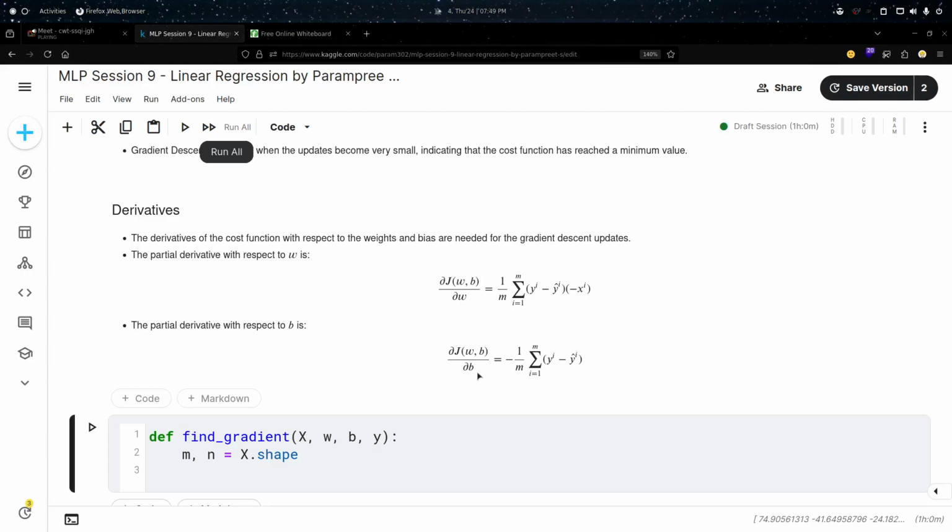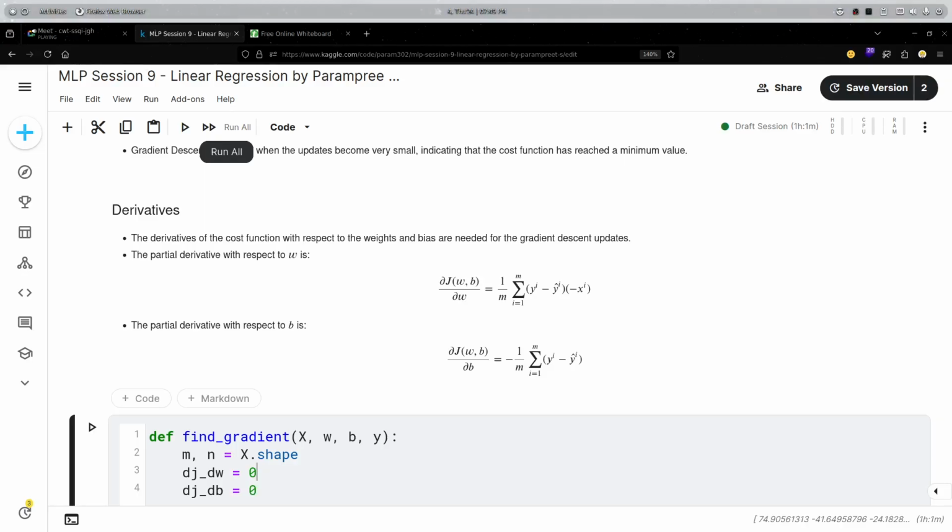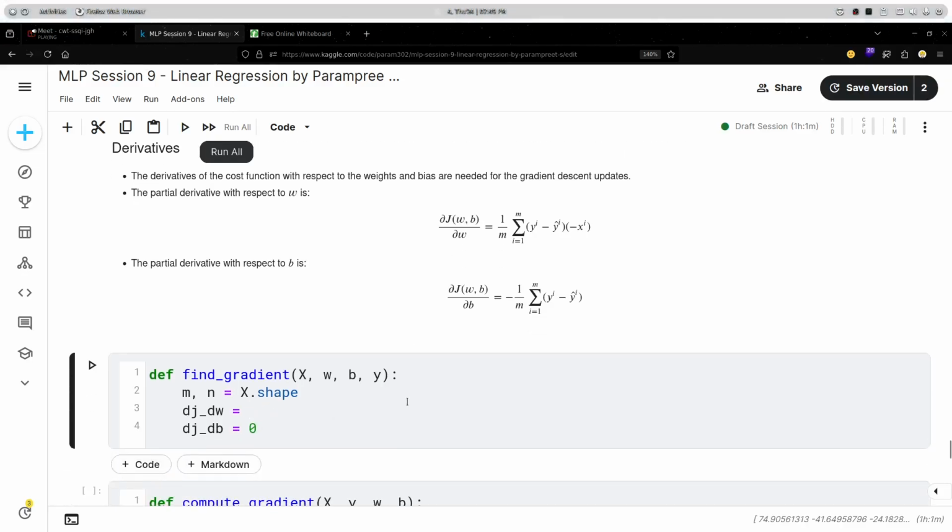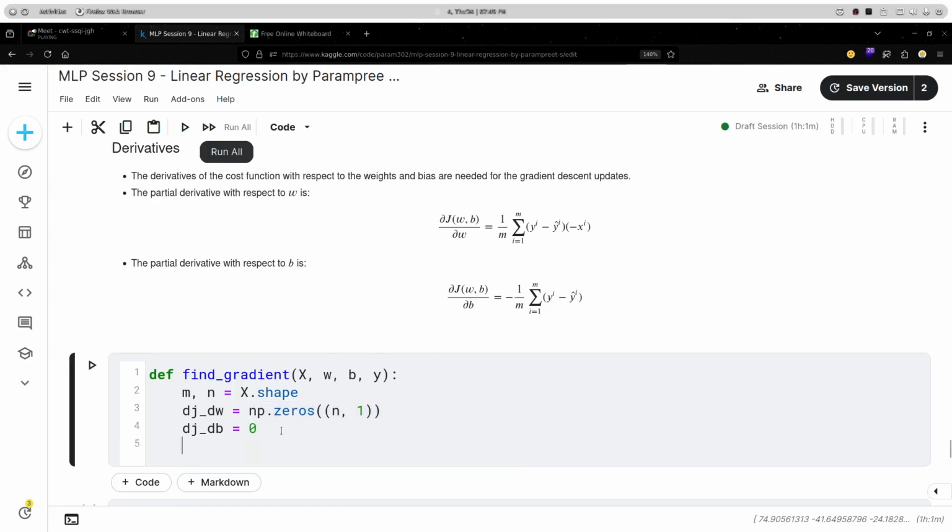How? I'll simply write dj_dw, which is 0, and dj_db, which is also 0. I can also write dj_dw as np.zeros with shape (n, 1), because w will be of the shape of the number of features we have, right? And the bias will be 1.